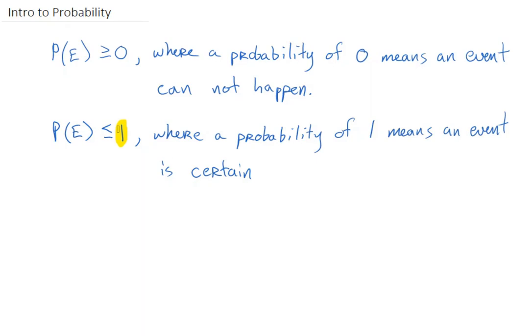Remember, as a percentage, 1 would equal 100%. So this is like saying the probability of an event is 100% certain. So we usually summarize this to say that probability has to be between 0 and 1, but that includes the possibility of 0 and 1.